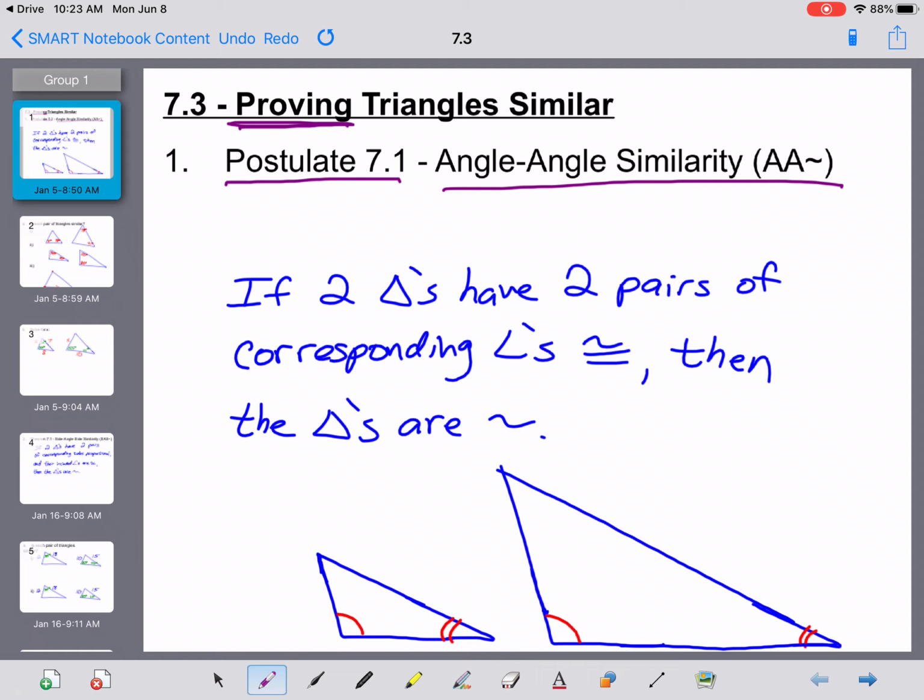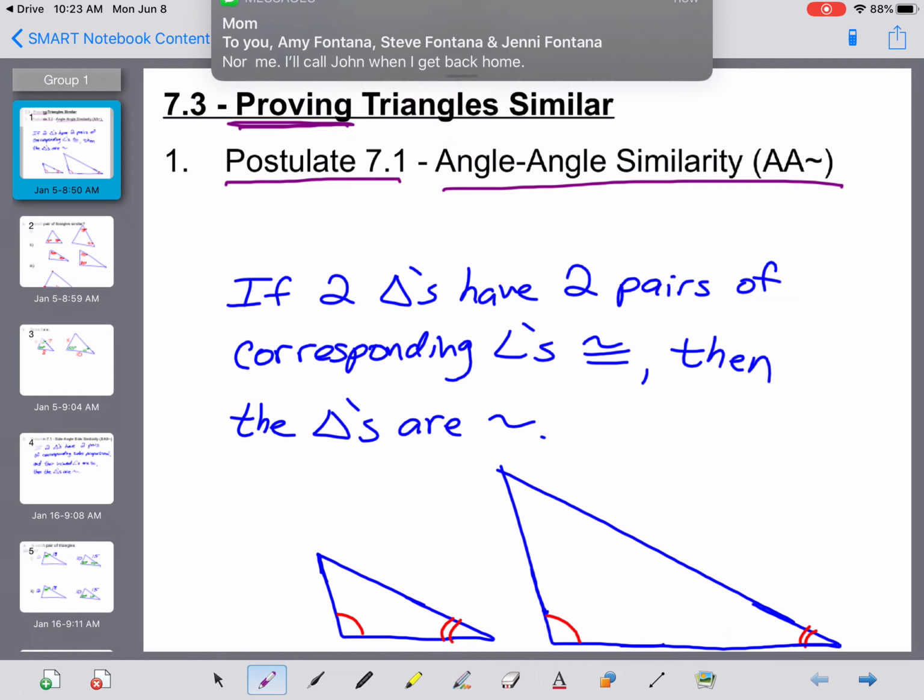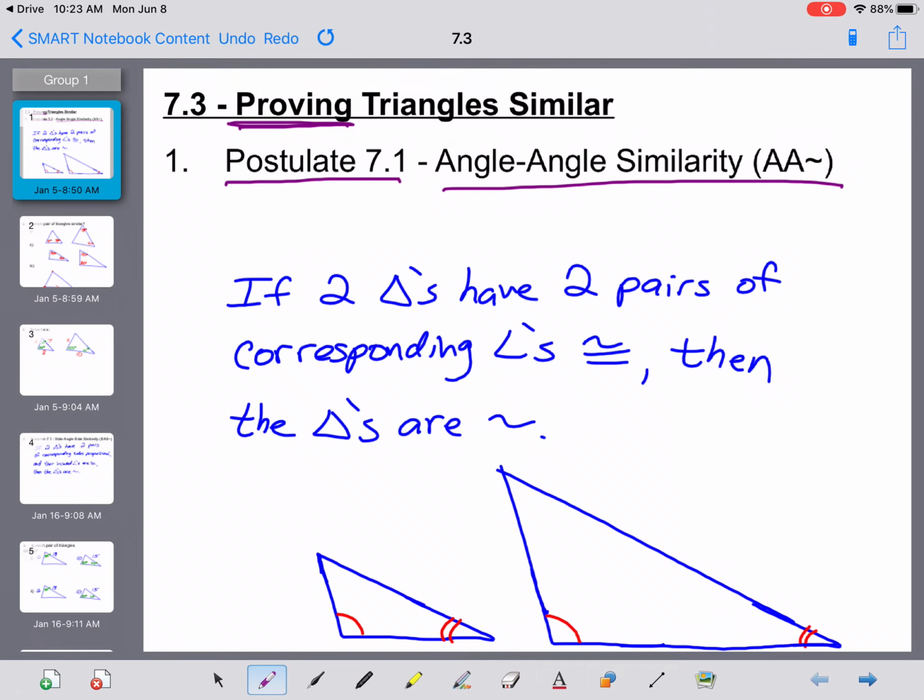So if we take a look at this figure down here on the bottom, we have a small triangle down here on the left-hand side, and I've taken one angle and given it one tick mark, and another angle, so there's the angle with one tick mark, and another one right here with two tick marks. As we look at the larger triangle on the left, we see that this angle right down here has the same one tick mark as this angle.